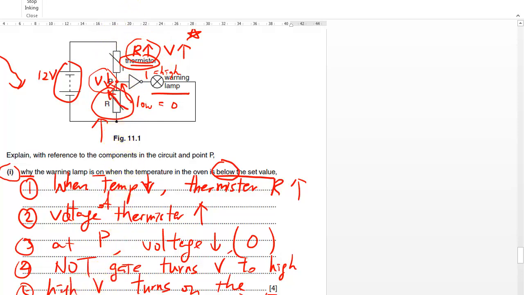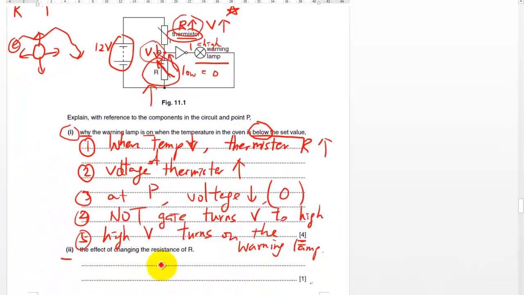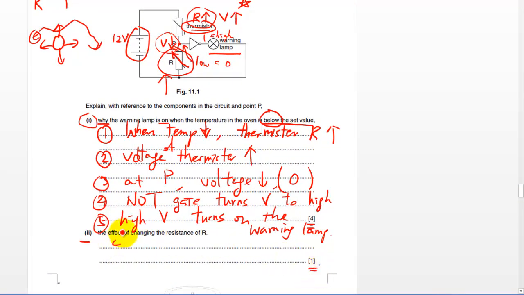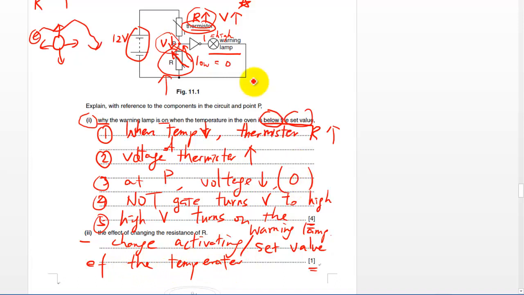For the very basic level, since it's 1 point, you may say it will change the activating, or the set value, according to the question, at the set value of the temperature. So maybe beforehand it was say 40 degrees Celsius. Now it's 60 degrees Celsius.